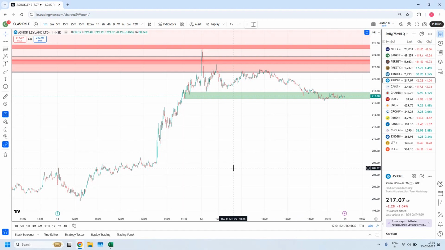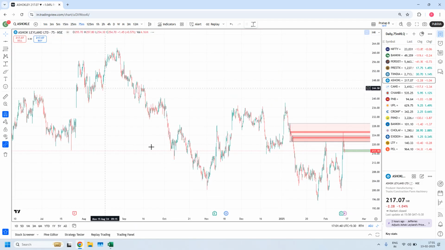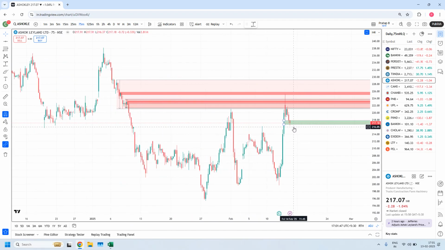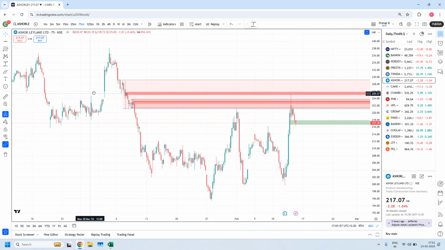Yes, this is a daily high liquidity supply zone. Actually, Ashok Leyland was listed by our software twice in yesterday's report. I don't know how many of you noticed. Our software listed Ashok Leyland as stocks near daily supply zone and also stocks near 75 minutes high liquidity supply zone. Daily high liquidity and 75 minutes high liquidity.